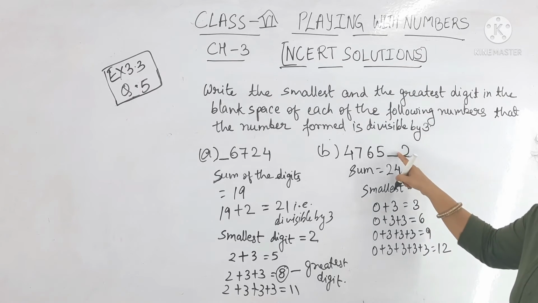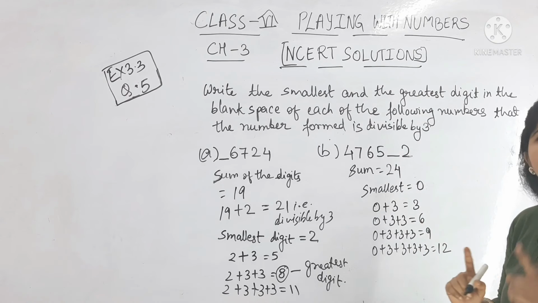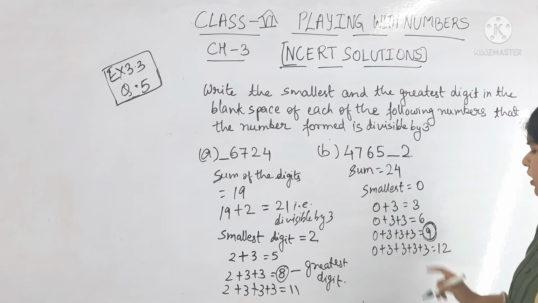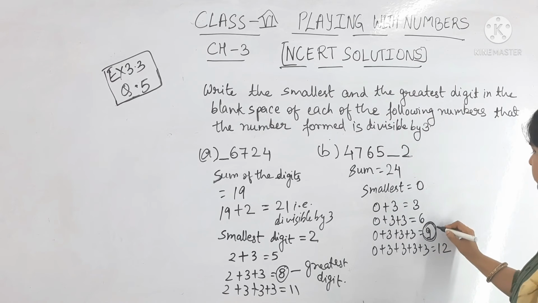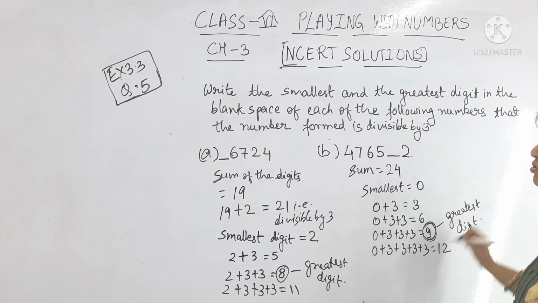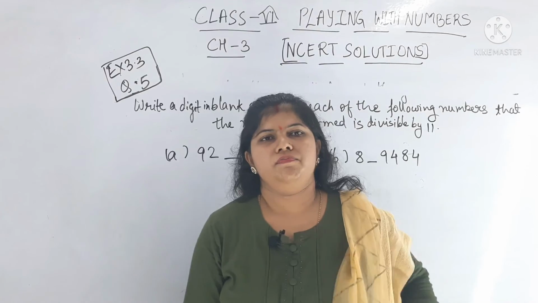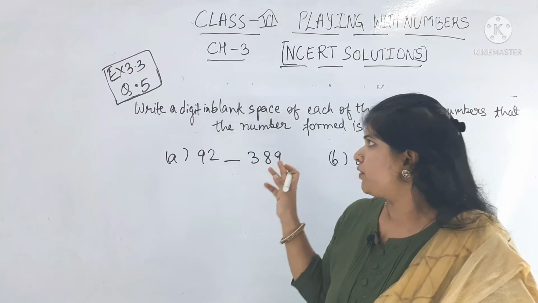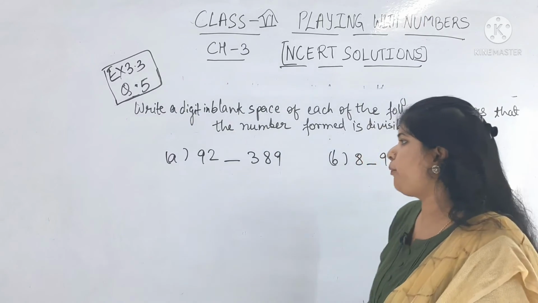I can't fill a 2-digit number here. We have to fill only a 1-digit number. So here the largest digit, okay, is 9. So that is the greatest digit. Like this you have to solve this blank space. Okay students, this is the last question for the exercise 3.3.